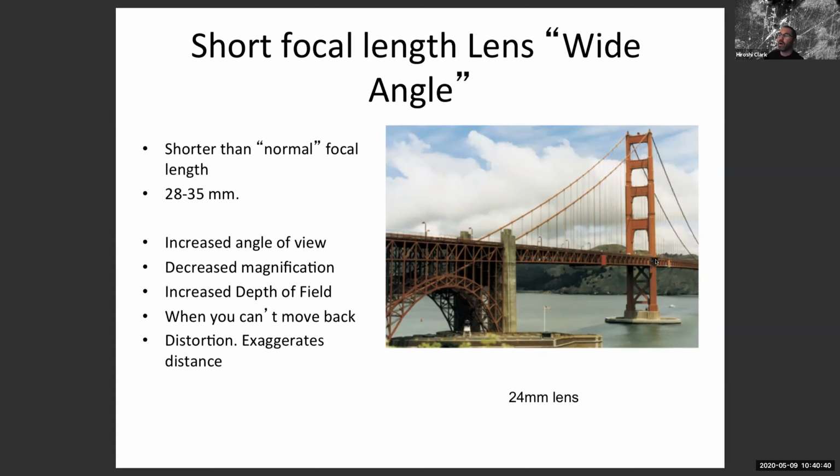So can somebody tell me why you would use a wider angle lens instead of a 50 millimeter, a normal lens? Get a wider view, landscape photography. Sure, yeah. Landscape photography for sure.